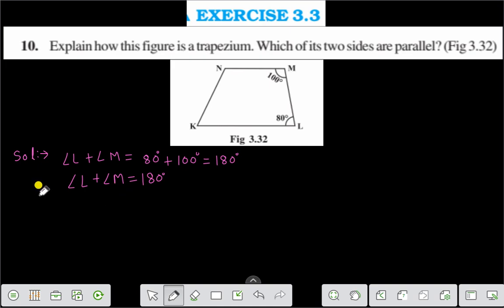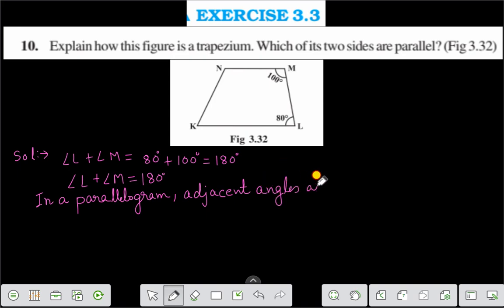We know that in a parallelogram, adjacent angles are supplementary.